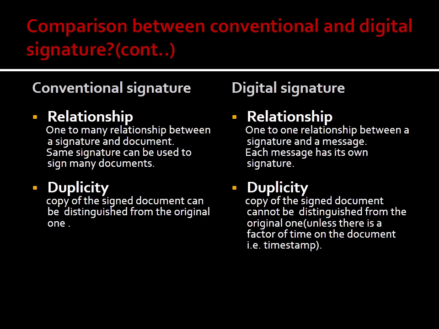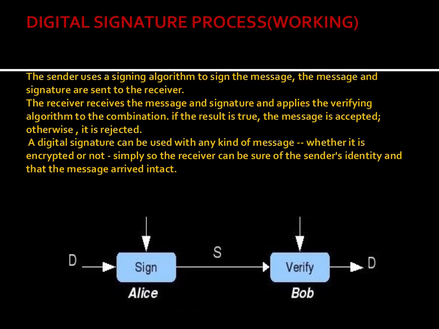But in digital signature, a copy of the signed document cannot be distinguished from the original one unless there is a factor of time on the document, that is, a timestamp. So basically it is quite difficult for us to distinguish the original and the duplicate when it comes to digital signature, right?